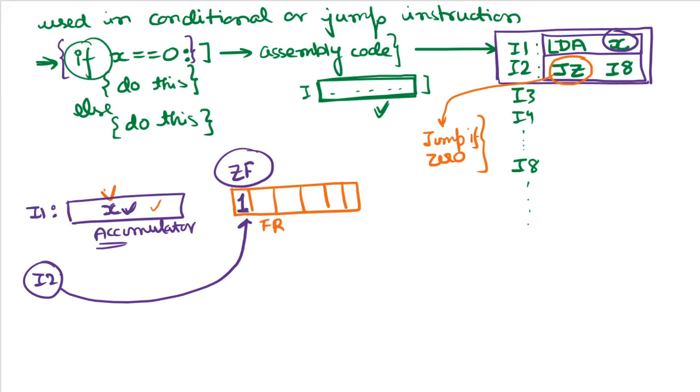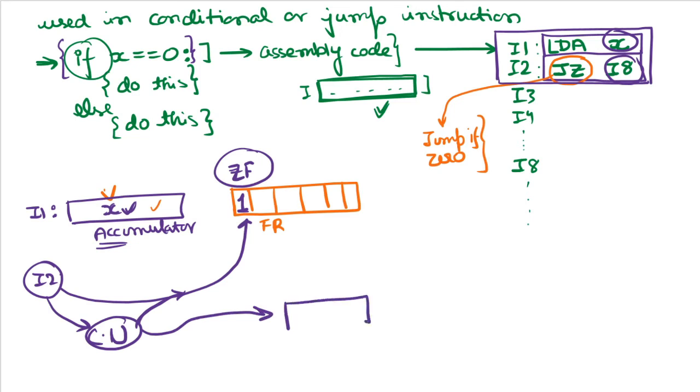And if the value here is 1, what it will do is change. For example, this is the control unit. I2 came to the control unit, and the control unit checked this flag register, and it checked if this zero flag is 1 or not, and suppose it is 1. In that case, the control unit will change the program counter.